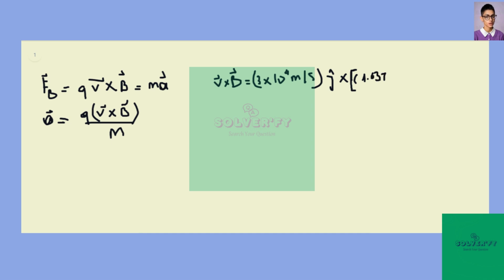The X component is 1.63 Tesla, I hat, plus the Y component of the magnetic field, which is 0.98 Teslas, J hat. You can add the Tesla here, please.